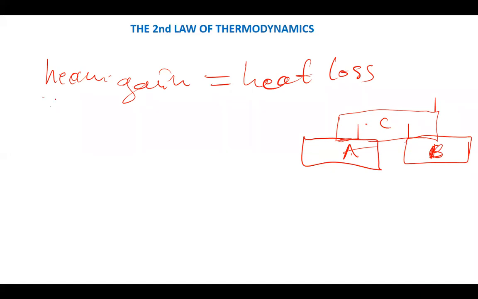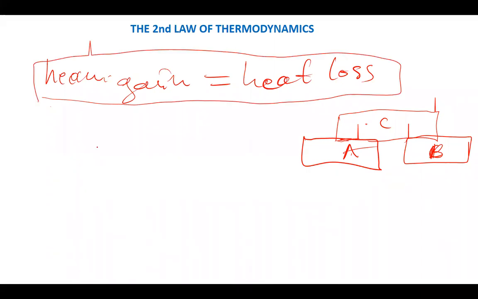And then the first law, we talked about the conservation of energy.